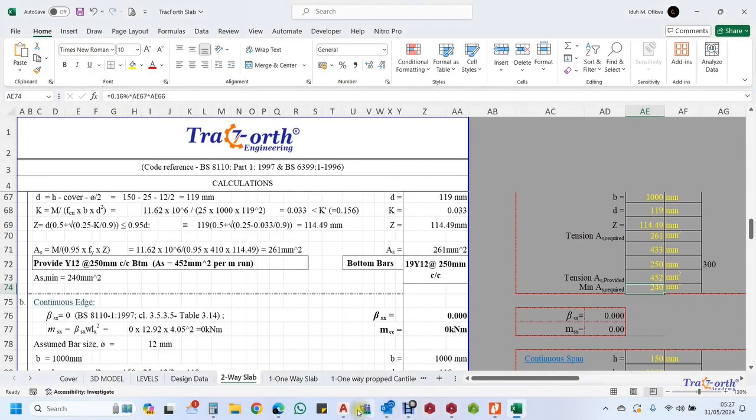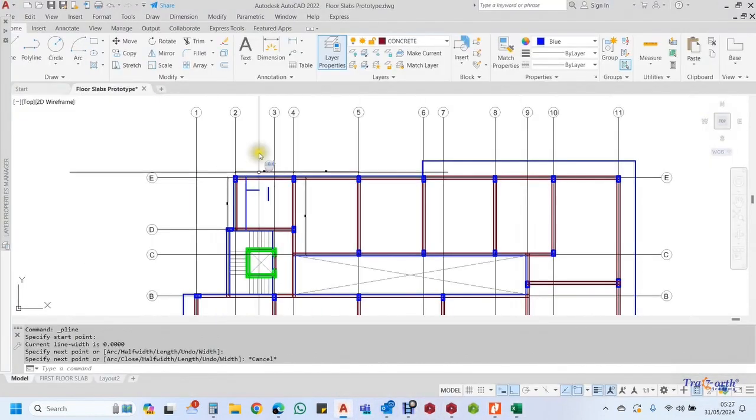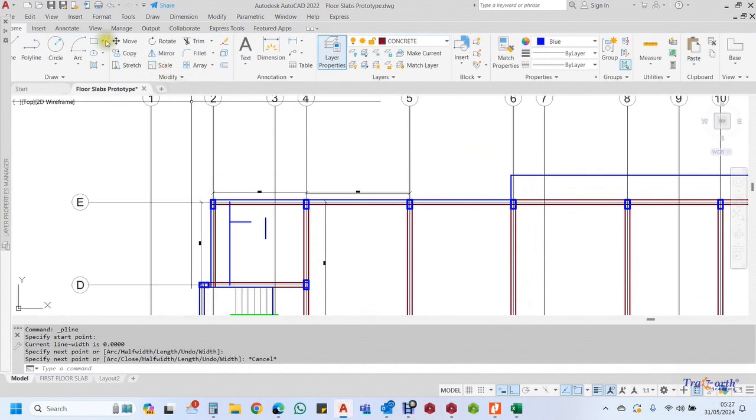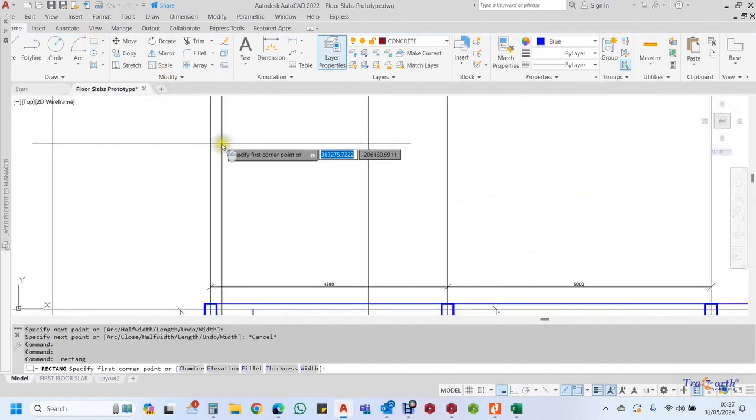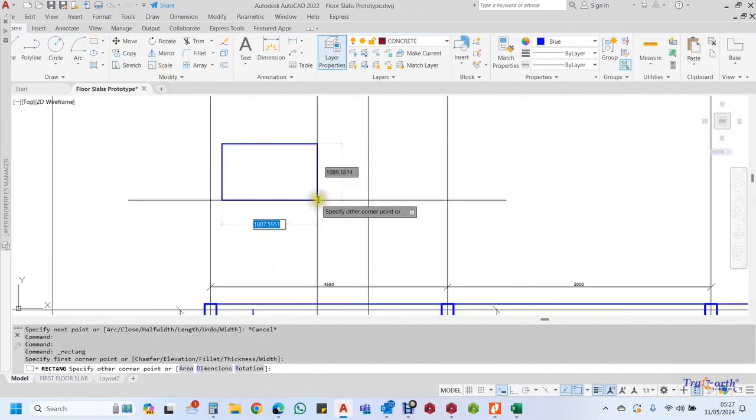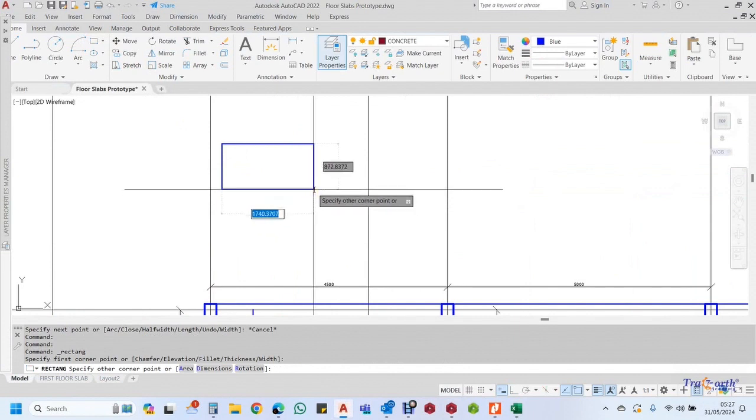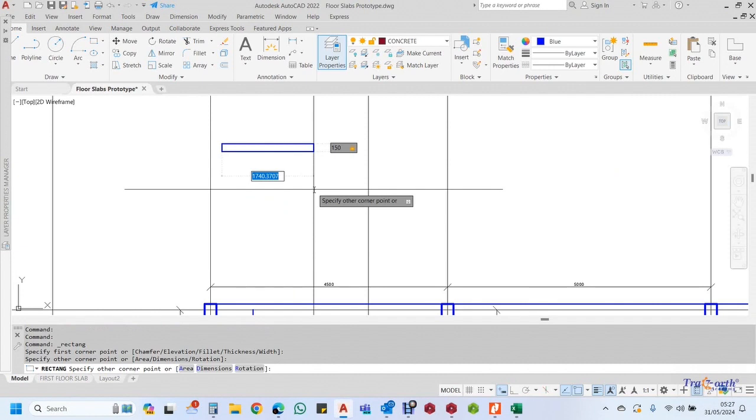Sorry, let's go back. So now, if the section in this case is 150, then we go to 1 meter.